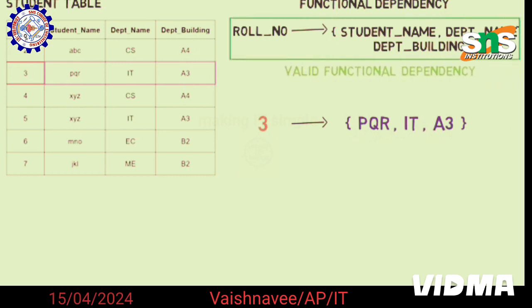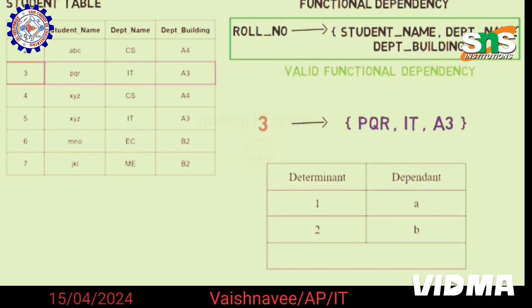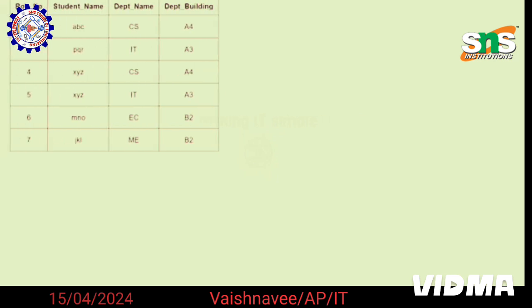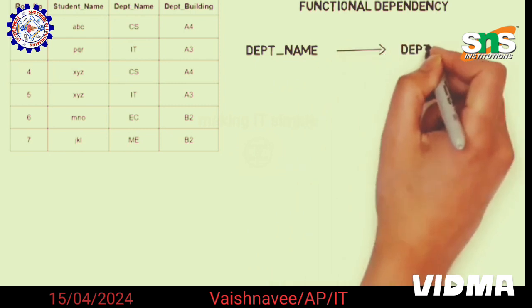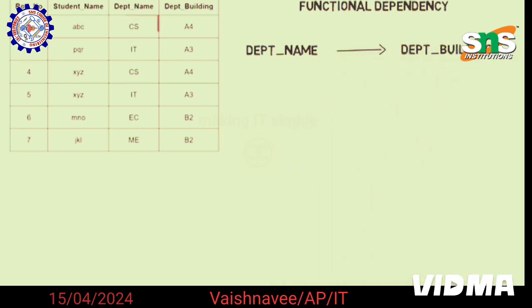For example, if we have roll number 3, we can uniquely identify the student name, department name and building, like PQR, IT, and A3. So we can confirm that it is a valid functional dependency. In a case where there are different determinants and corresponding different dependents, it is a valid functional dependency.